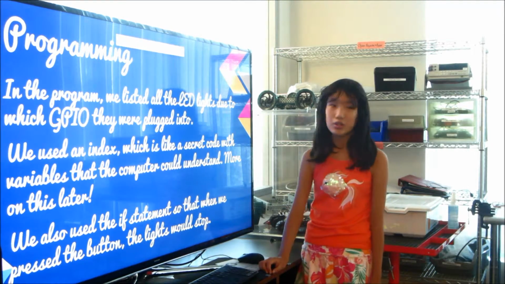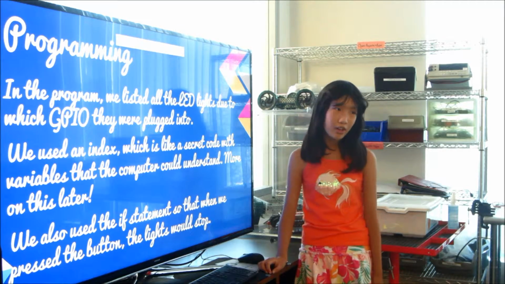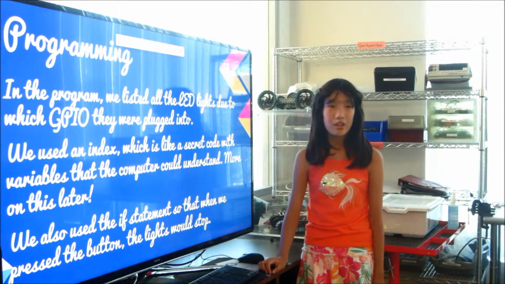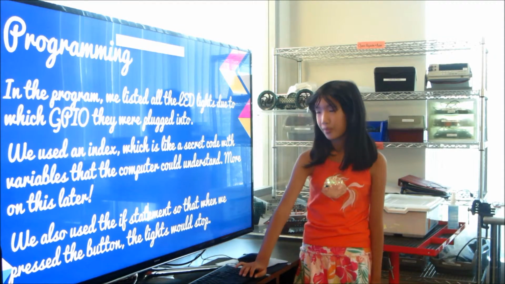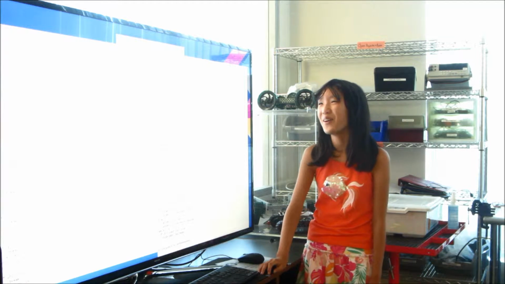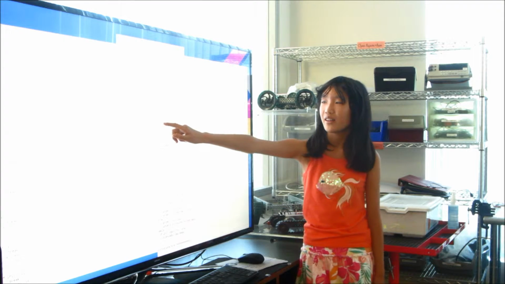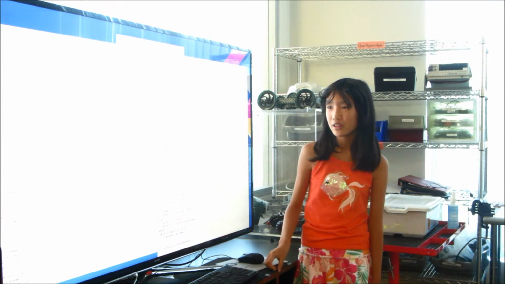The if statement uses a break, which stops the program but keeps the light on, so we know which light we press, so we know if we won or not. Oh, this is my program. So here's the break. As you can see, this is the if statement.